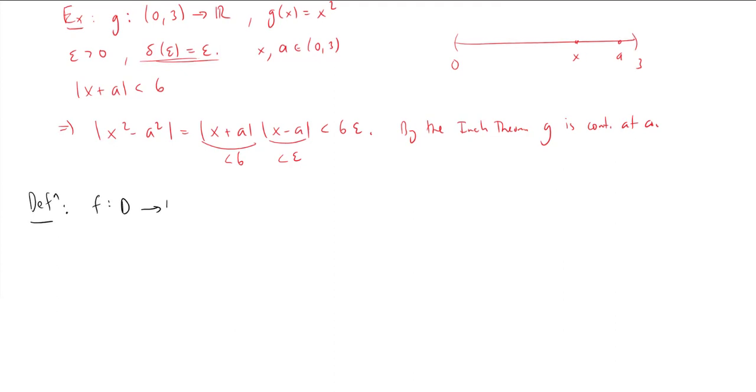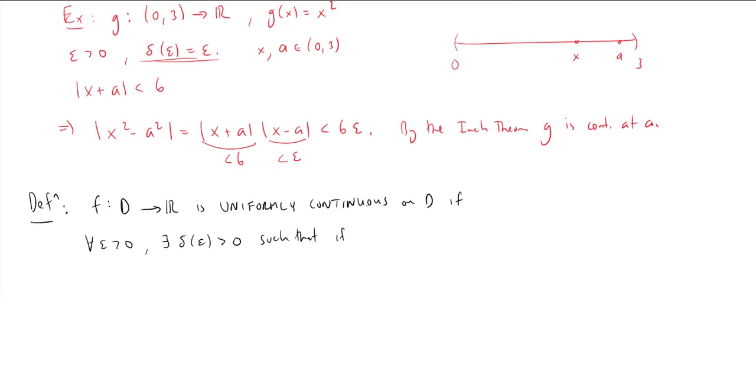So f here is going to be some function with domain D, and we're going to say it is uniformly continuous on D if for all epsilon greater than 0, this just looks like continuity, there exists a delta, which I'm going to write explicitly, depends on epsilon, it's not depending on the a, greater than 0, such that if x and y are any elements in D, and the difference between x and y is bounded by delta of epsilon.